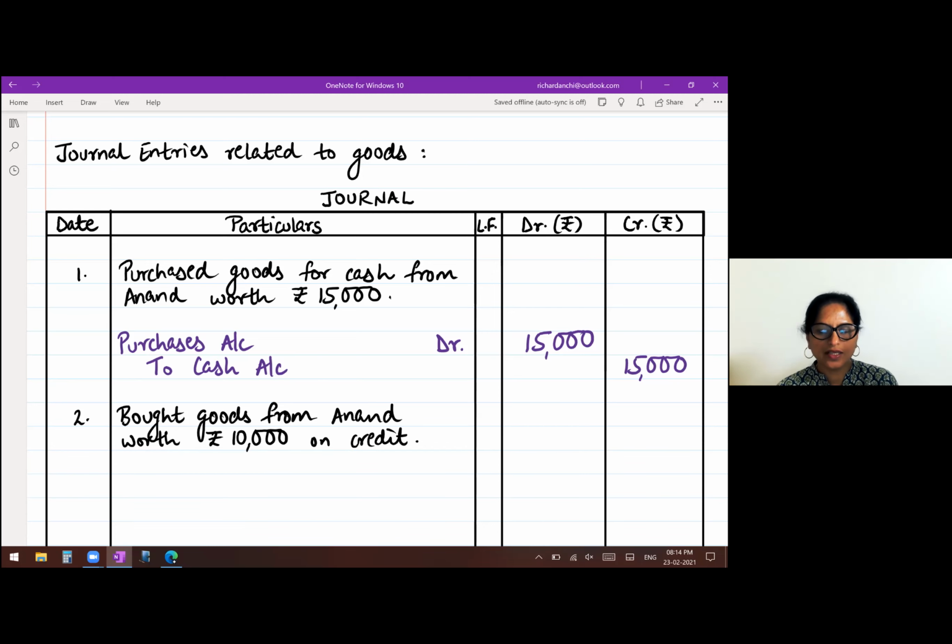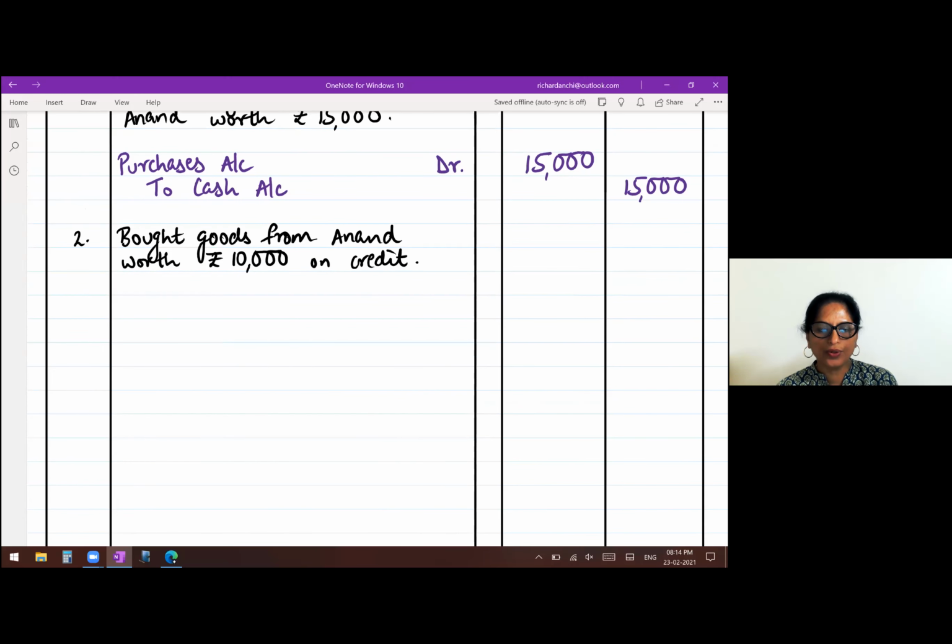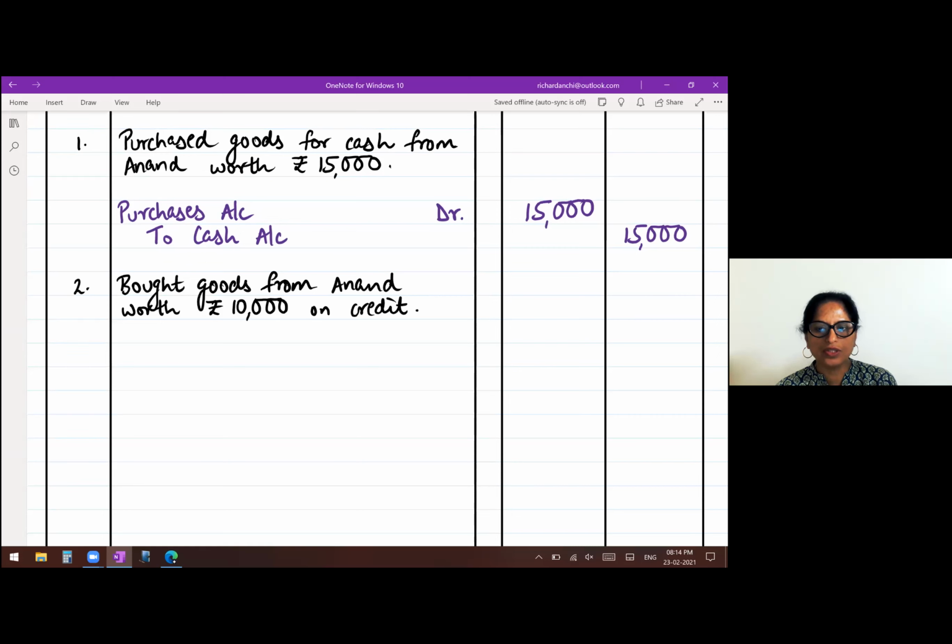Okay, now the first transaction was a cash transaction. It is the same, but now it is on credit. So 2 accounts here, bought goods. That means you are purchasing, but you are purchasing on credit from Anand. So it is purchases account and Anand's account. So again, purchases, you already know it has to be debited, and Anand is a personal account, he is the giver. So his account has to be credited.